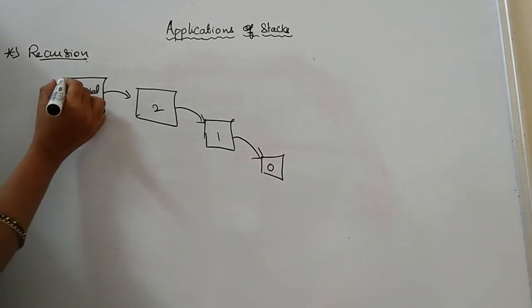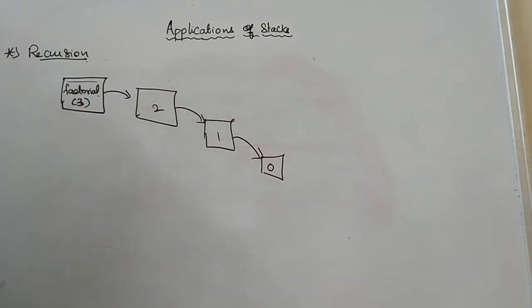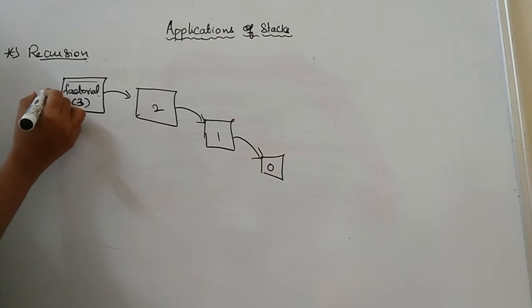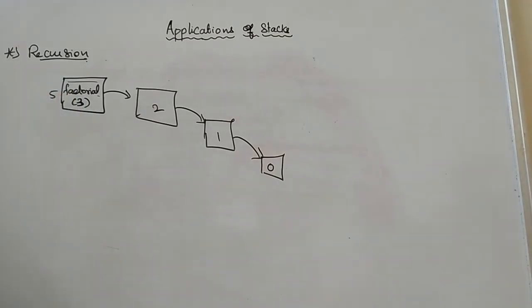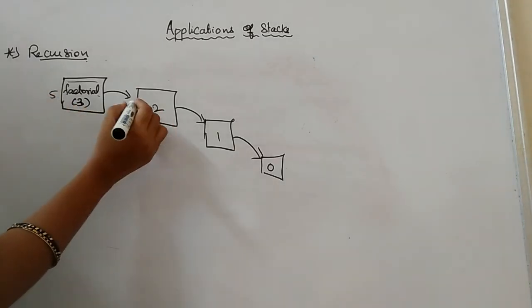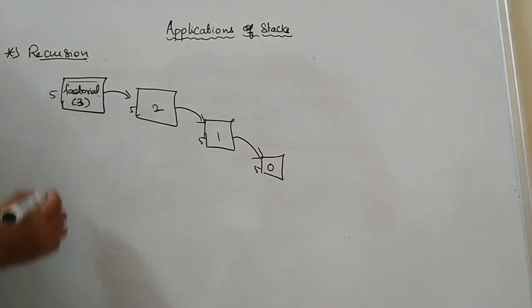There are so many statements available in factorial. Just for an example, I am saying 5 statements are available in the factorial function. So each block will have those 5 statements.